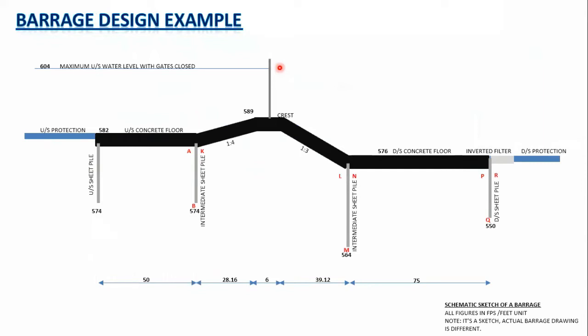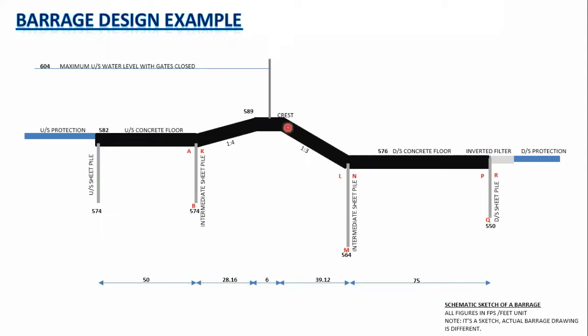You see, it's a schematic sketch of a barrage. The black portion is the main barrage portion mentioned on the previous slide. The main barrage portion has an upstream concrete floor and a crest. The upstream concrete floor and crest are joined by a sloping floor termed the upstream glacis.